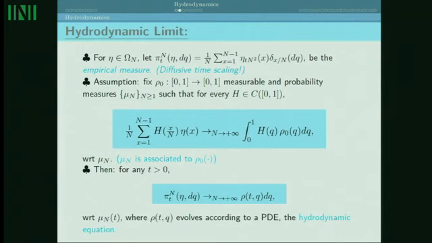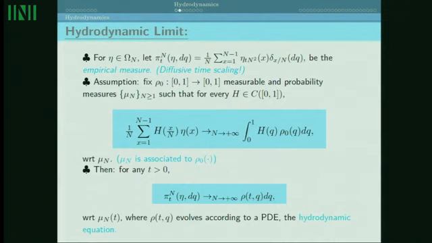So we assume that this is true: you start from a measure from which this convergence is true. This is the weak convergence of the empirical measure at time 0 to this deterministic measure with density rho 0. So we assume this weak convergence is true at initial time.